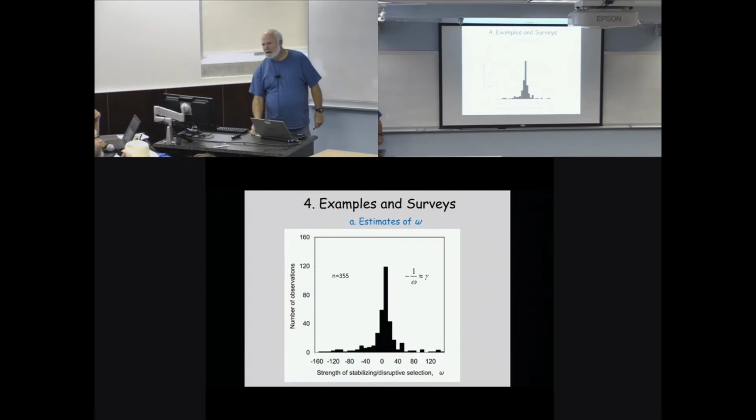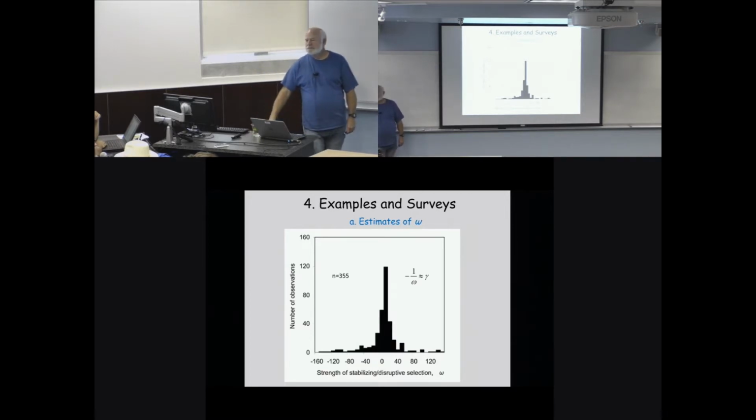Can I make a puzzled expression? Yeah. I thought I heard you say that the omega was measured as multiples of the standard deviation of the character. So I've standardized this so that all traits have a unit phenotypic standard deviation and hence variance before selection. In your examples, or are you proposing... No, I've standardized all of these studies.